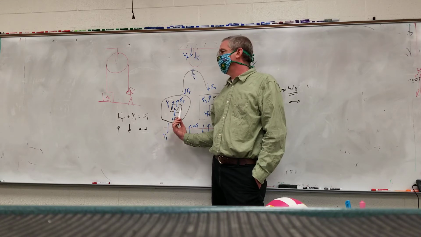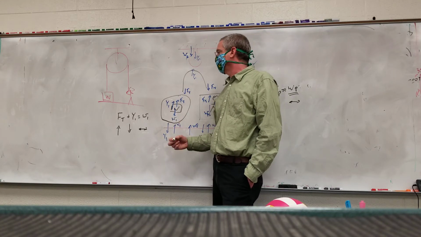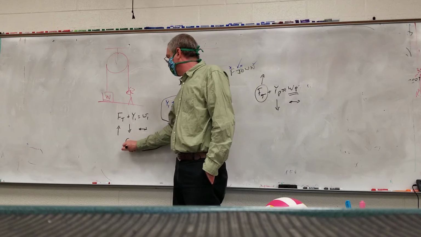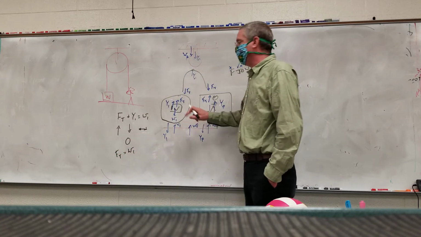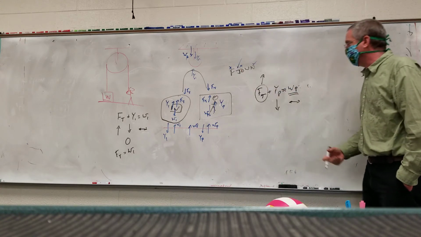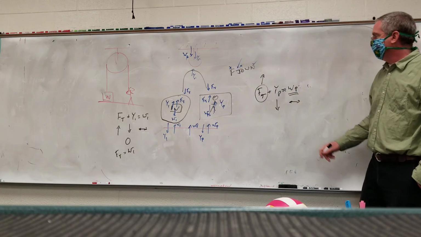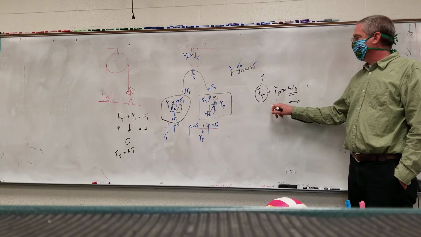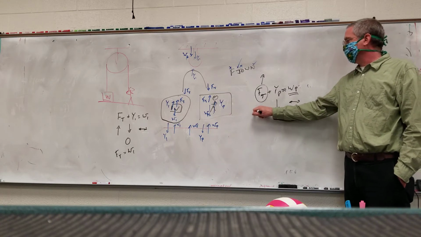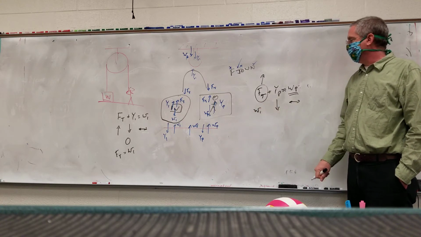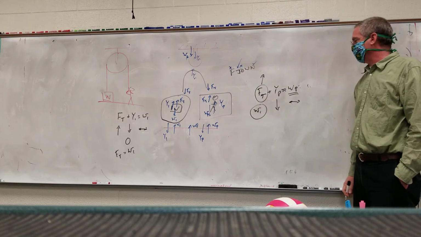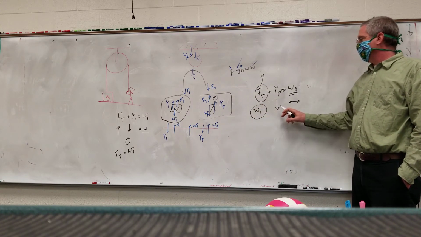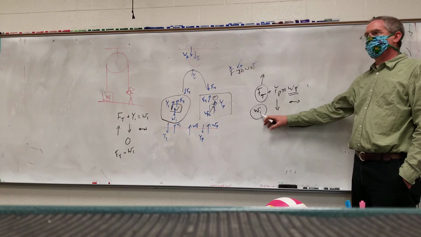Okay, so if this is 0, then the tension equals the weight of that. Now back over here, if the tension is equal to the weight of what we're hanging out over there, what is the maximum value that this can be?